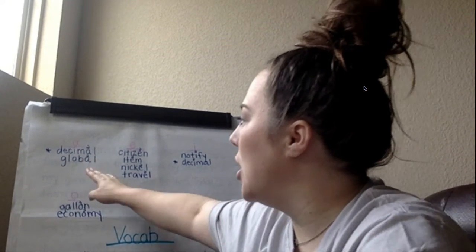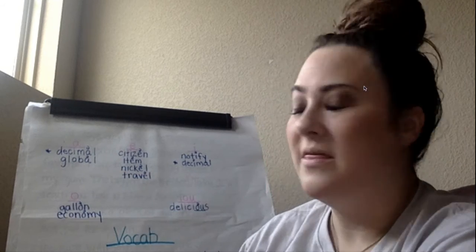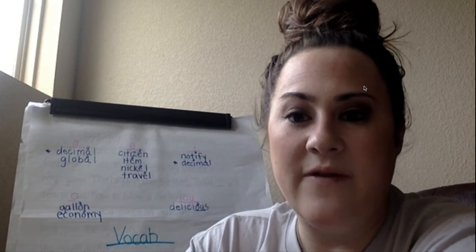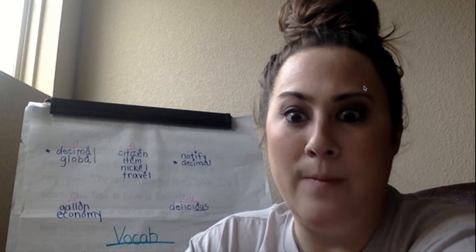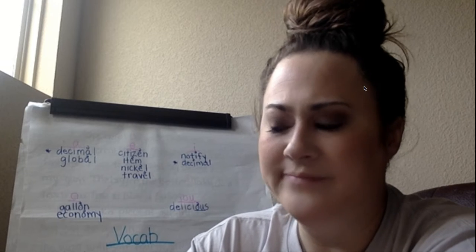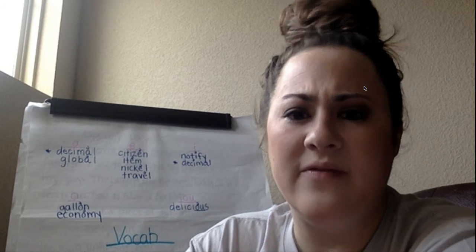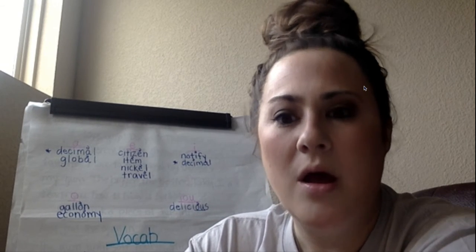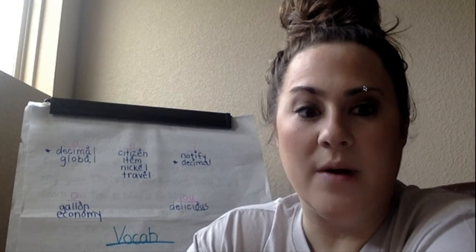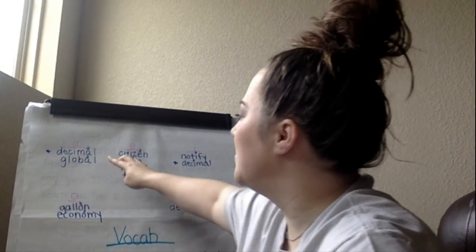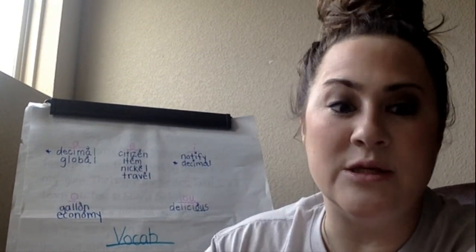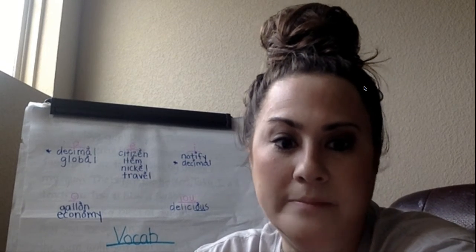Now, global. The A has an uh. If I wasn't sure, I could say global, globale. Doesn't sound right, but if I say global, oh, that sounds like a familiar word, but it has the schwa. So that is what that upside down E is representing above the vowel.